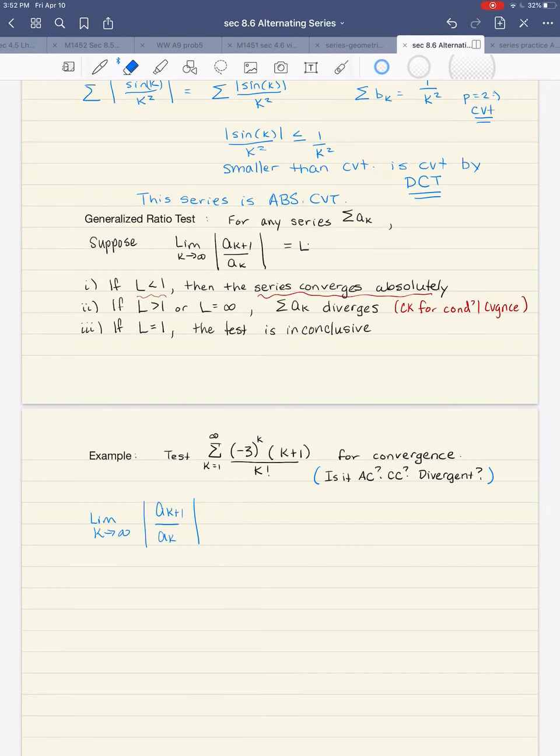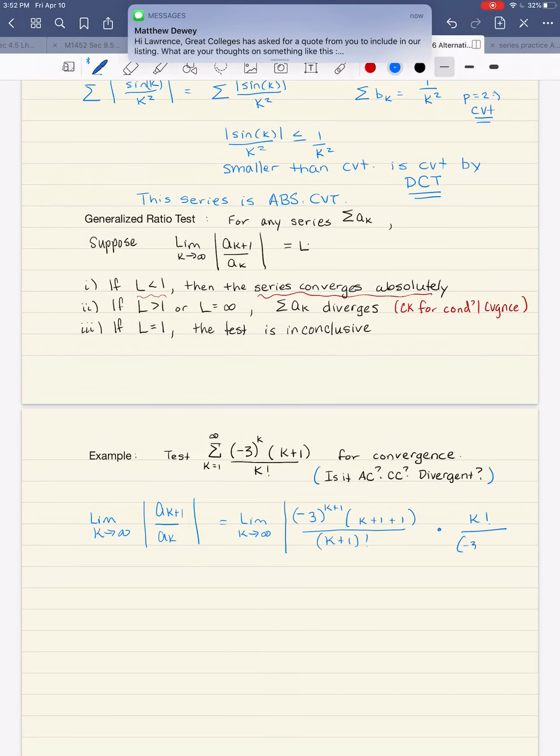So in this example, this will look like the limit as k goes to infinity. There's my absolute value bars, (-3)^(k+1). Remember, to get the a_(k+1) term, we just start replacing each k by k plus 1. Then we're going to divide by a_k, which gives us the flip and multiplied version over here.